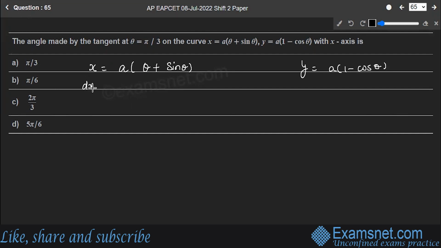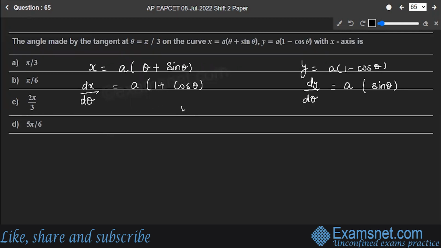Let's find the derivative of x with respect to theta. You will have dx by d theta = a(1 + cos theta). Here you will have dy by d theta = a(0 - (-sine theta)). The derivative of 1 is 0, and the derivative of cos theta is minus sine theta. Minus minus will be plus, so plus sine theta.